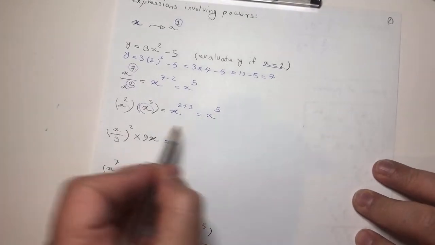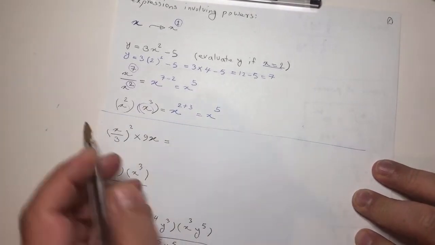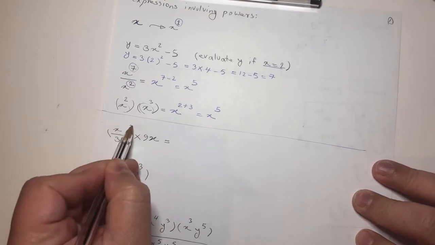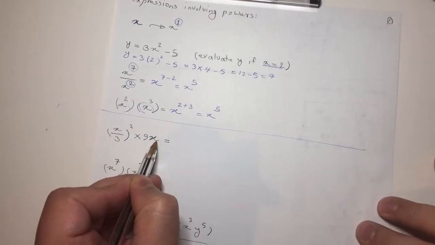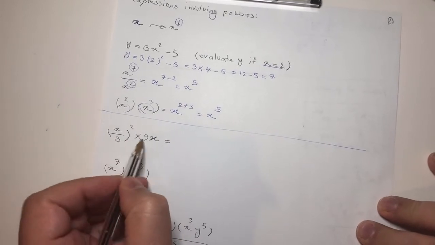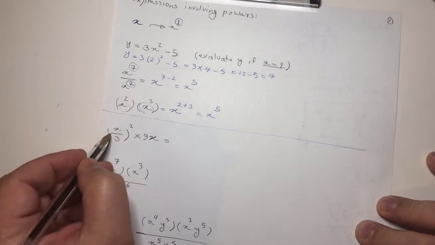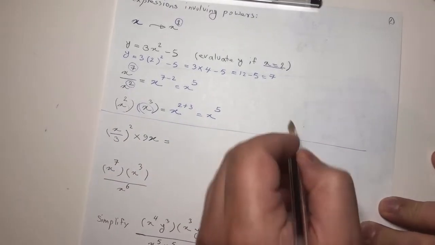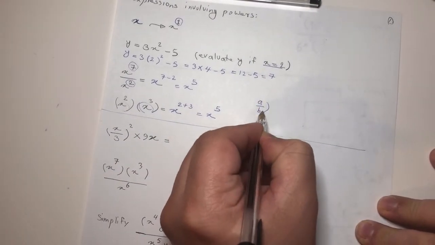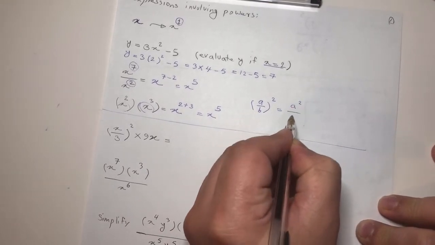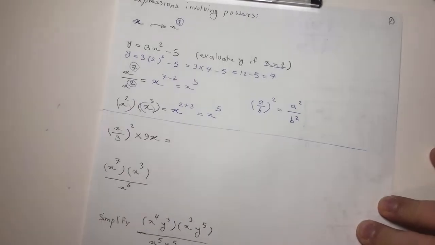Let's look at the other example. x divided by 3, all to the power of 2, multiplied by 9x. Okay, so what we do here, when we have a over b to the power of 2, we can write it as a to the power of 2 divided by b to the power of 2, right?